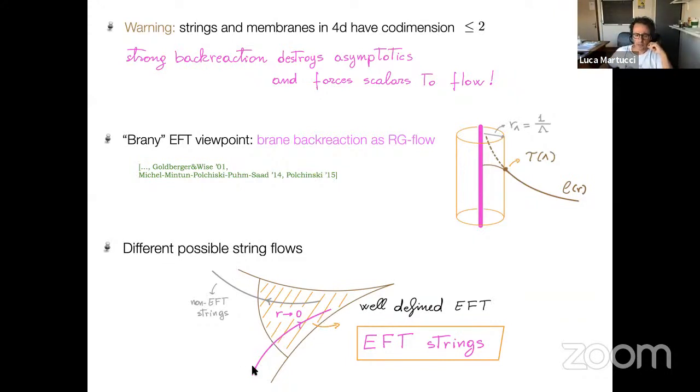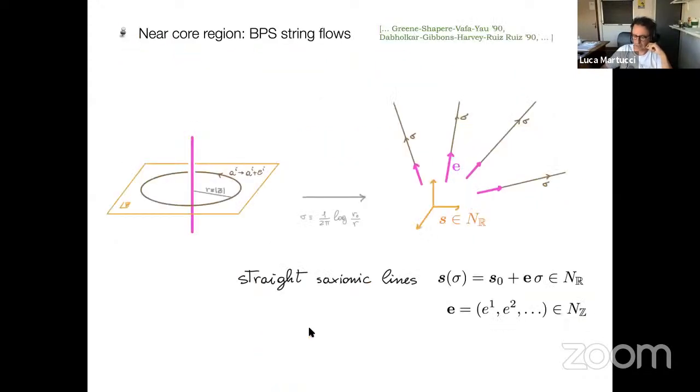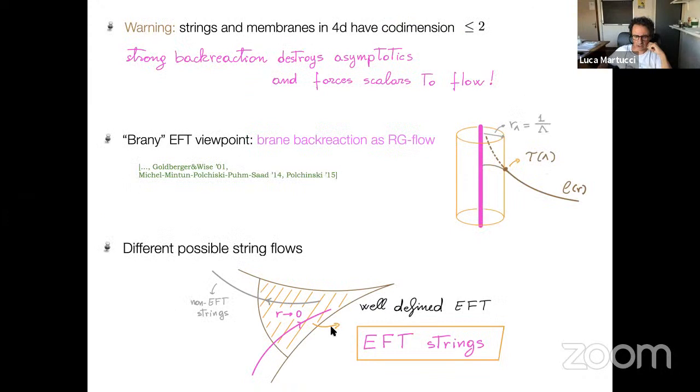Okay, so these kinds of strings, characterized by such a back reaction, admit naturally a controlled, weakly coupled description within effective field theory, and for this reason, we dub such strings EFT strings.